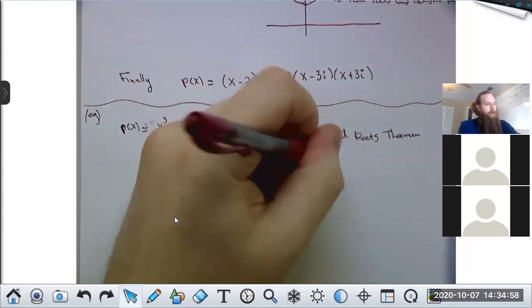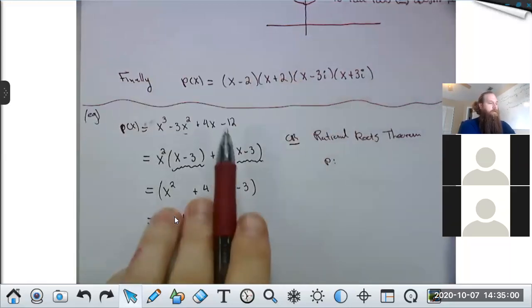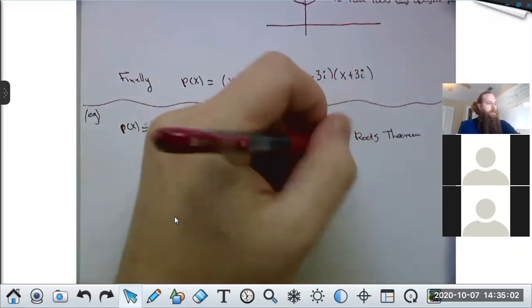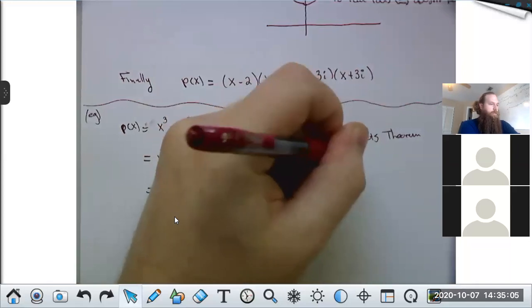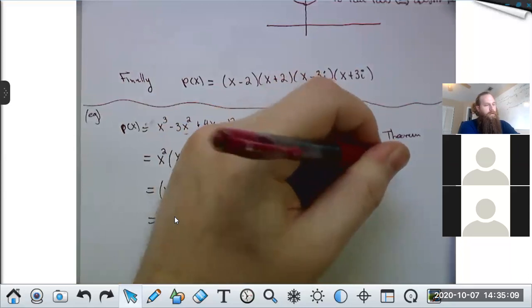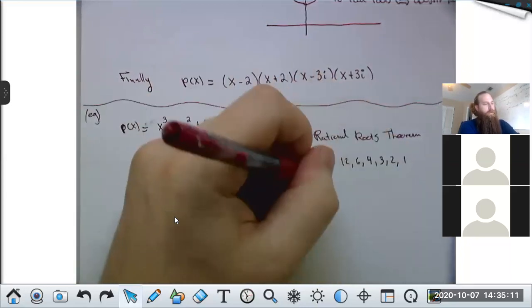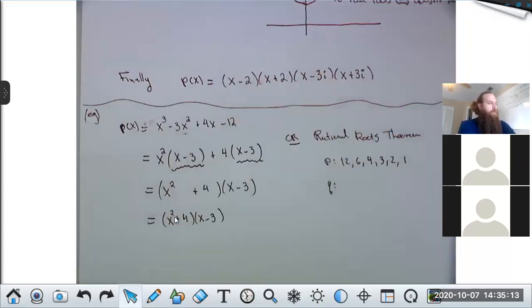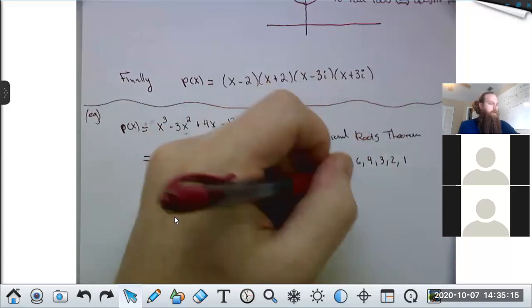My possible p's are divisors of 12. So that's 12, 6, 4, 3, 2, and 1. My possible q's are divisors of 1, that's just 1.